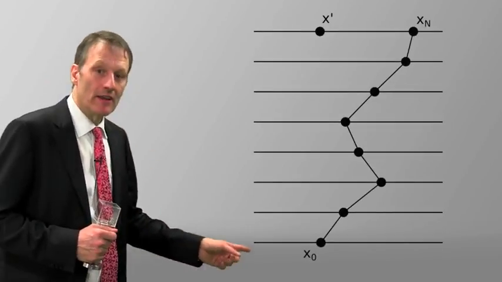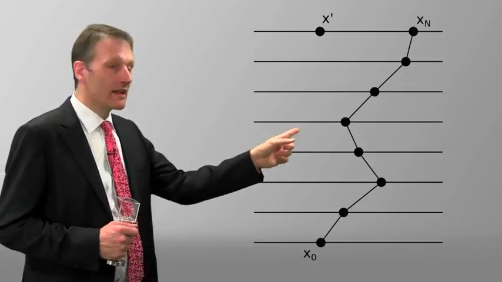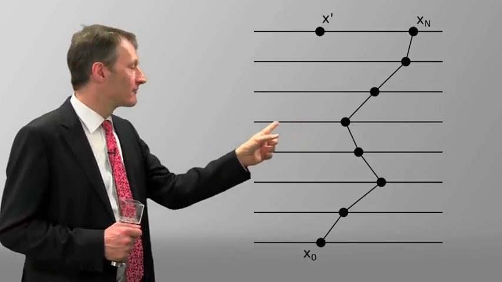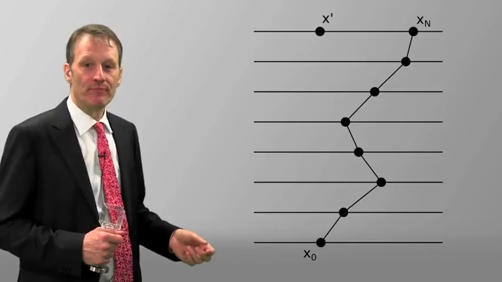Now, let me tell you of a simple algorithm, trivial_path.py, that will rectify the situation. What you can do is sample the Gaussian random walk that goes to xn rather than to x prime.